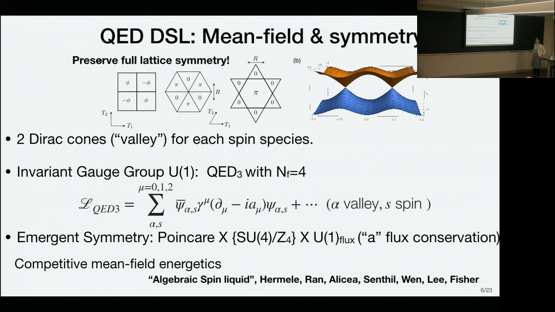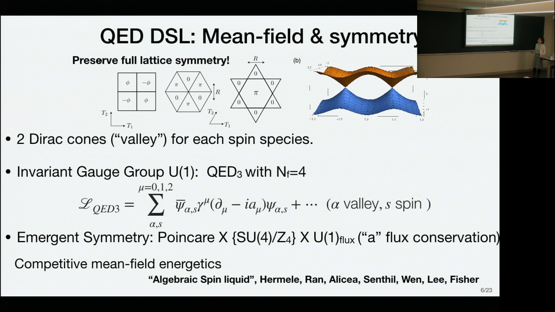And in addition, there is U1 flux conservation, namely the total flux of the U1 field is conserved if we don't include a monopole operator, which we will discuss later.